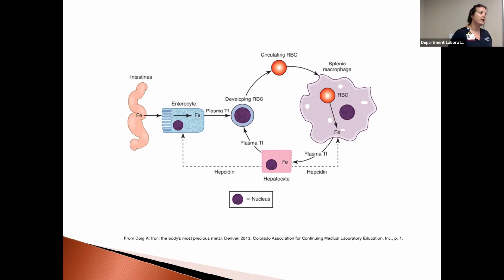So if iron increases, hepcidin will also increase, and it will prohibit the absorption of iron into the cells. The body has everything it needs, it doesn't need any more. On the counter side of that, if the body's iron supply is decreased, hepcidin will also decrease, and therefore absorption of iron can occur. All right, so hepcidin is kind of your iron absorption control protein.